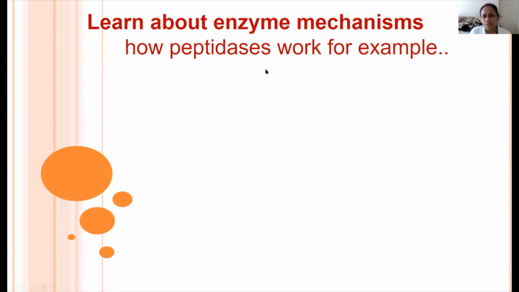Also, it helps us to understand enzyme mechanisms, how peptidases work. For example, have you all heard of peptidases? Do you all know what peptidases actually do? Just based on this peptide? No? Okay. So does this give you a hint? Cleaves? Yeah, it cleaves, but it cleaves specifically. Yes, exactly. Peptide bonds. Correct. Fantastic. You guys are amazing. So peptidases cleave peptide bonds, right?